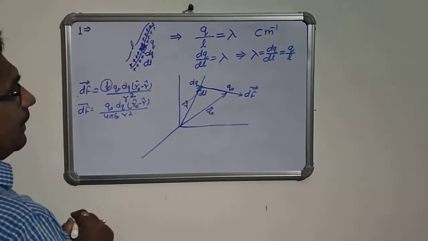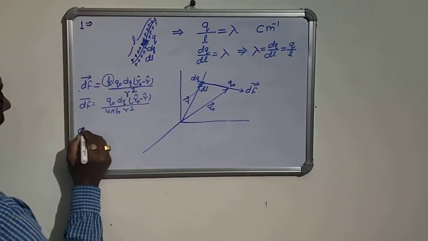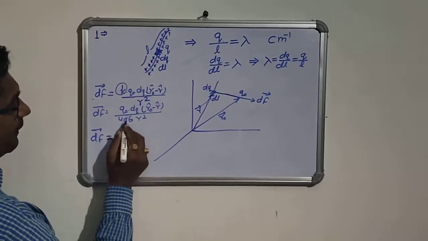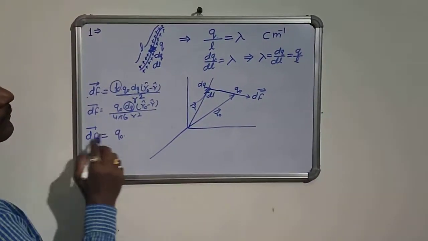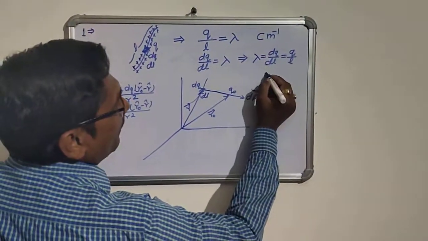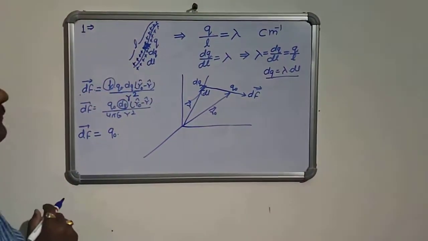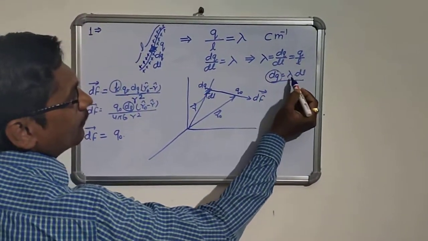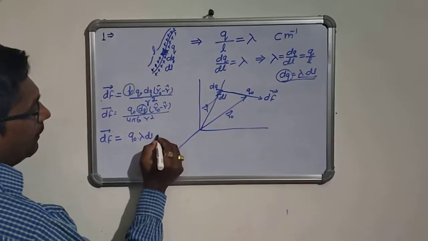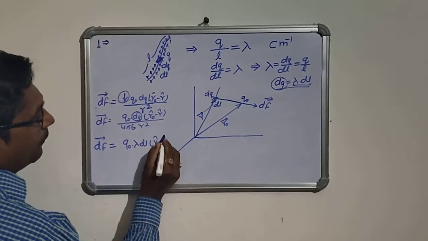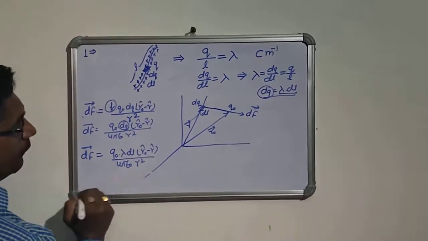Okay, and similarly we can write this for volumetric distribution. Now in another form, this expression can be converted into q naught, and the value of dq can be written as lambda into dl. So we put the value of dq in this expression, we can write lambda into dl r cap upon 4 pi epsilon naught r naught square.